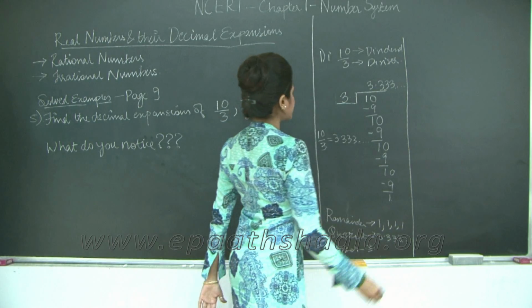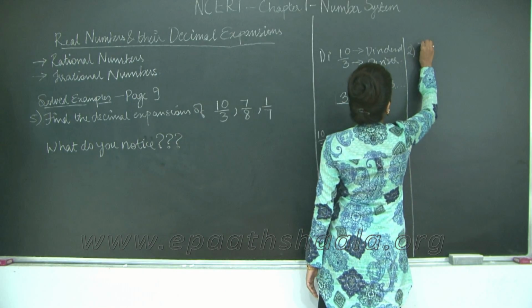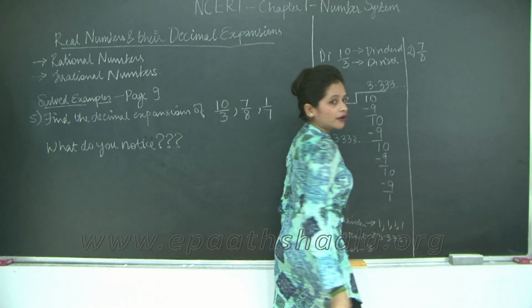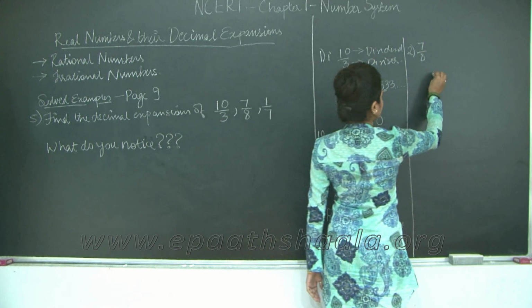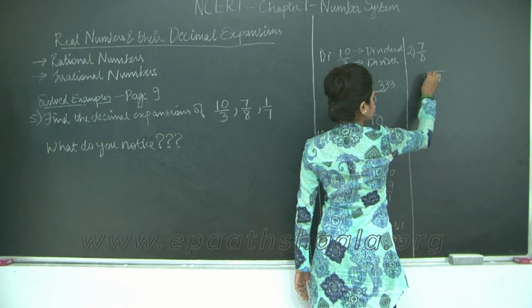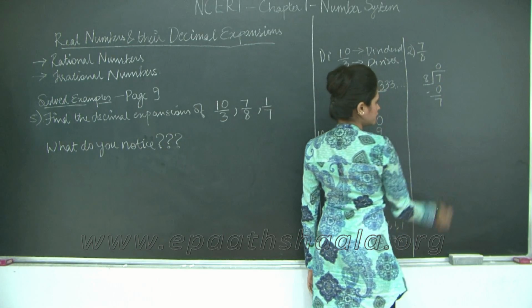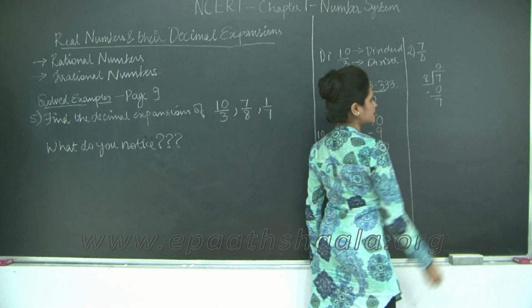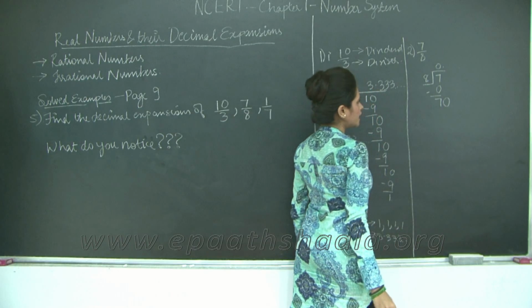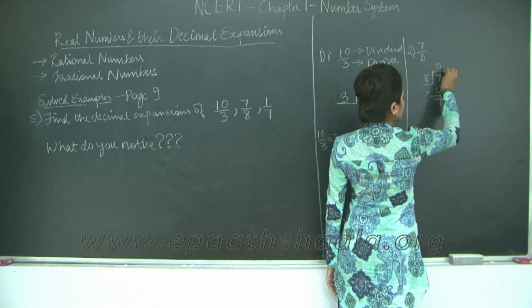So, the second one is 7 upon 8. We are going to solve this in the similar manner. So, let us check. I have 7 inside, 8 outside, 8 zeros are 0, I get 7, okay. I put a decimal here and I take a 0. Now 8 7s are 56, 8 8s are 64, 8 9s are 72.